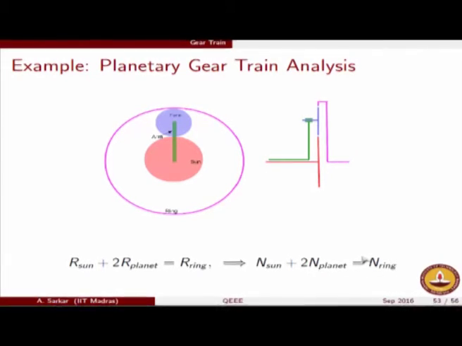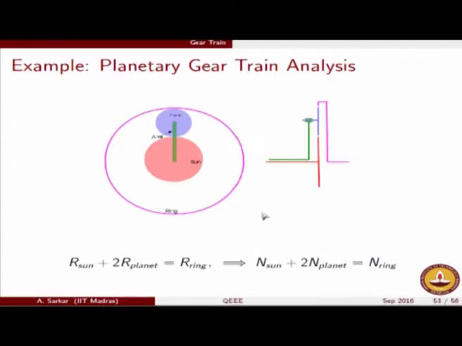So this is again one simplistic formula that comes to our fold because we have used the assumption that the module of all gears in my gear train is the same. Now with this we can just specify the sun and the planet teeth, and the number of teeth on the ring gets automatically specified. So one does not need to specify all the geometry in order to do such gear train analysis.